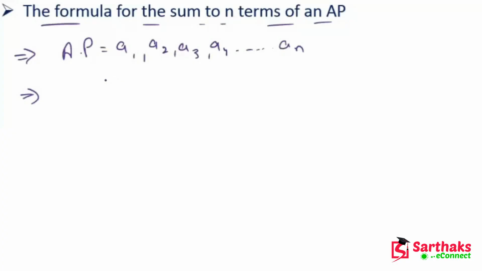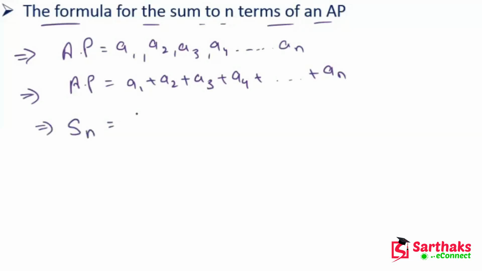If we want the summation of this AP, A1 plus A2 plus A3 plus A4 plus dot dot plus An, that is Sn, then the formula is n upon 2 into (2a, where a is our first term, plus (n minus 1) into d).